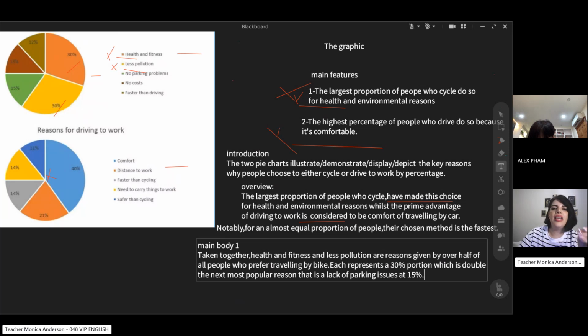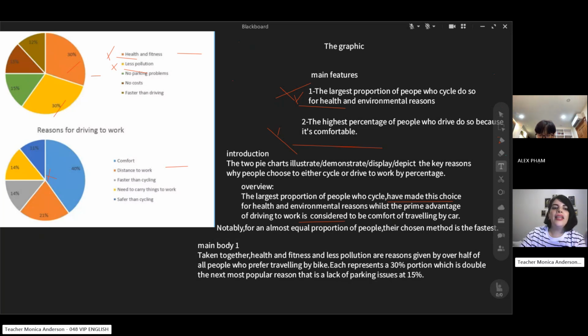This is my first paragraph. I considered both of them: as you can see, 60%, more than half of all people, chose this method because of health and less pollution. This number is double the next most popular, which is 15%. I only mentioned this one.